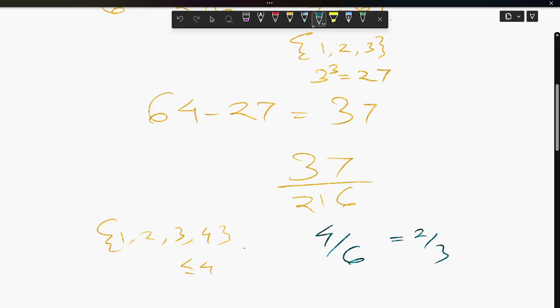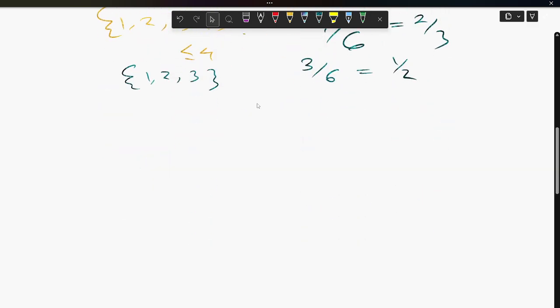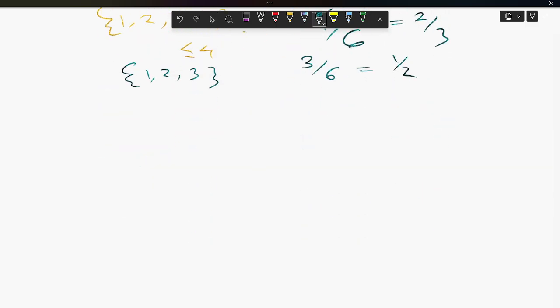And the probability that a single throw is in 1, 2, 3 will be 3 upon 6, so that will be 1 upon 2. Very good. So the probability that all three throws are at most 4 will be 2 by 3 whole cubed, then that will be 8 upon 27.